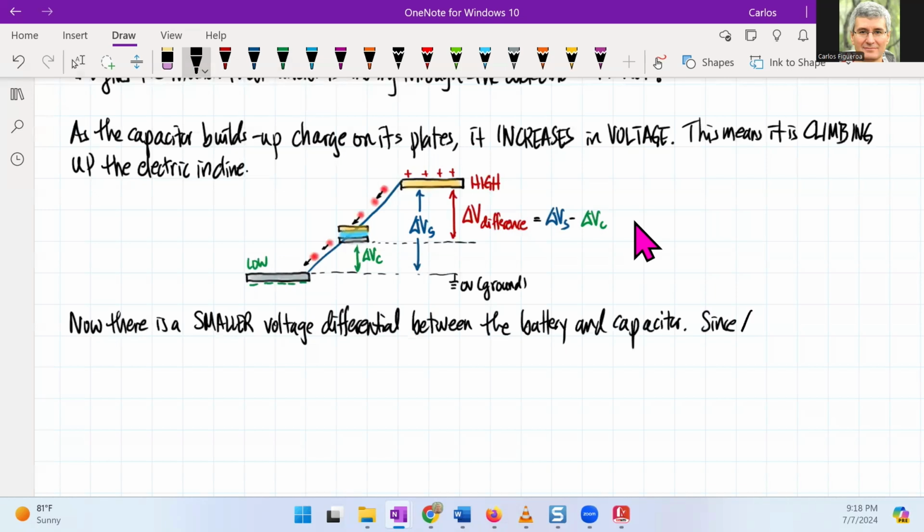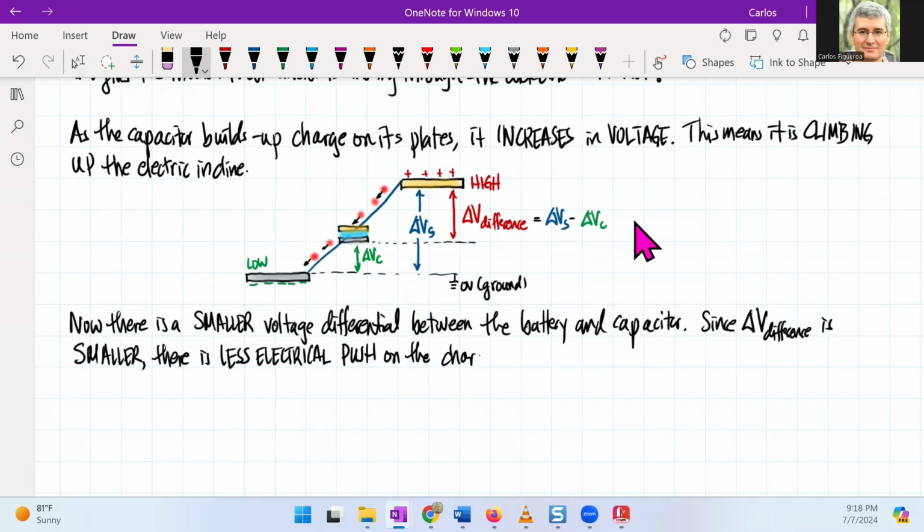Since this voltage difference is smaller, there is less electrical push on the charges in the circuit.